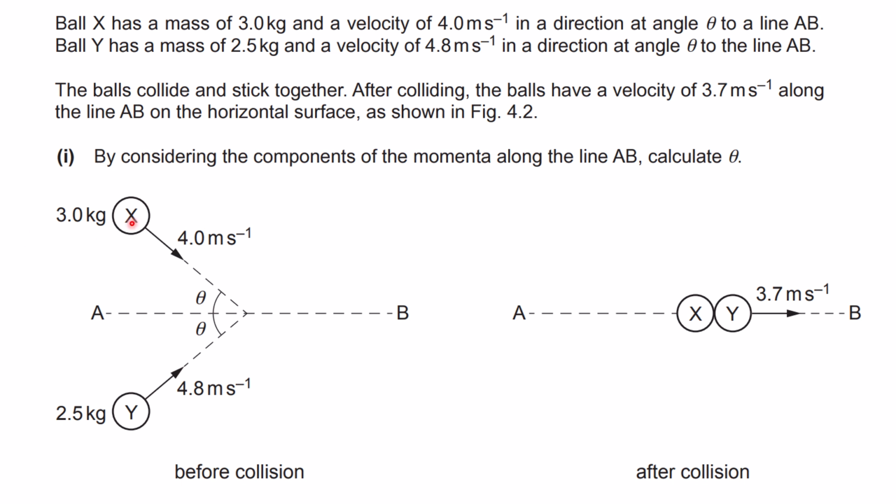So here, what it says is we have this velocity that is not aligned. So we need to find the horizontal component of this ball X. So this is the horizontal component, and this is the horizontal component for Y. Ball Y has a mass of 2.5 and velocity of 4.8 in a direction at an angle theta to a line AB.